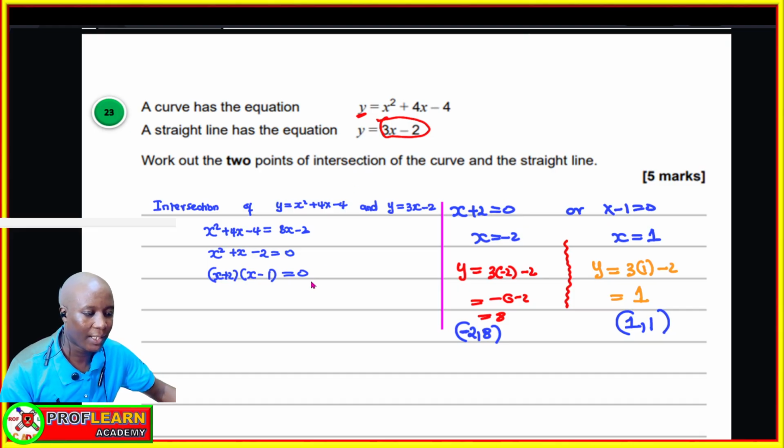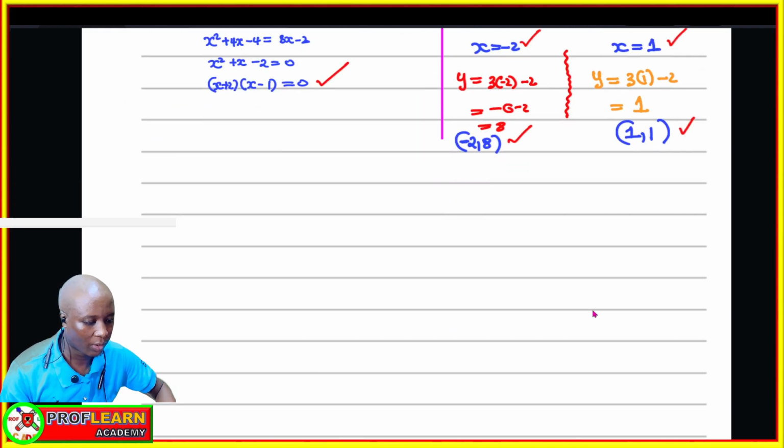Then I put the like terms together and formed a quadratic equation, which I solved by factorization to get the value of x to be -2 and x is equal to 1. Once I've gotten the value of x, I can go to this equation again and find the value of y. When x is -2, what's going to be the value of y? I worked it out and I was able to get the two coordinates as shown there.